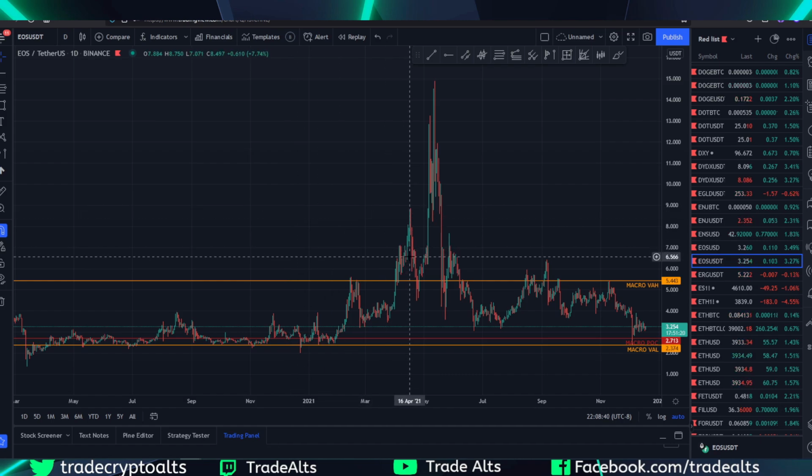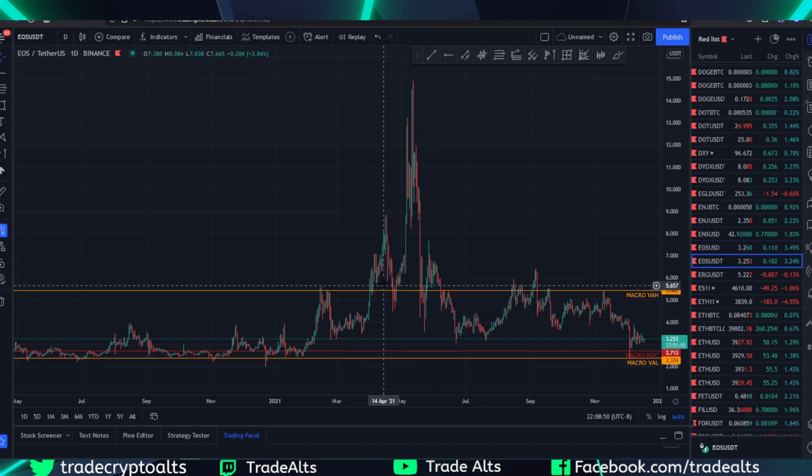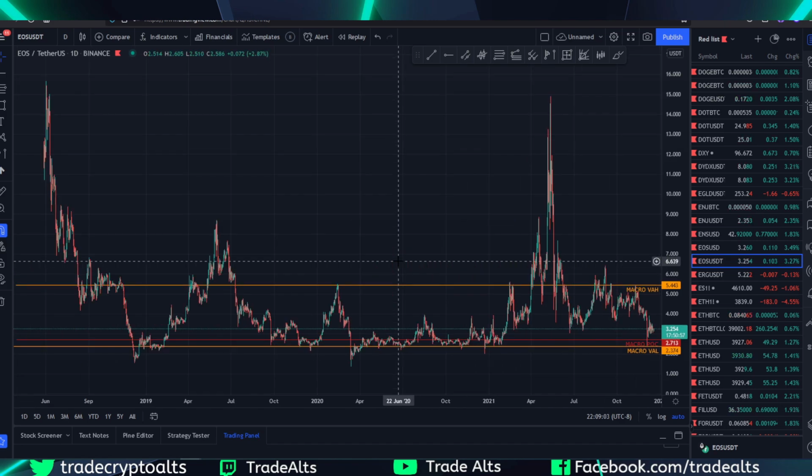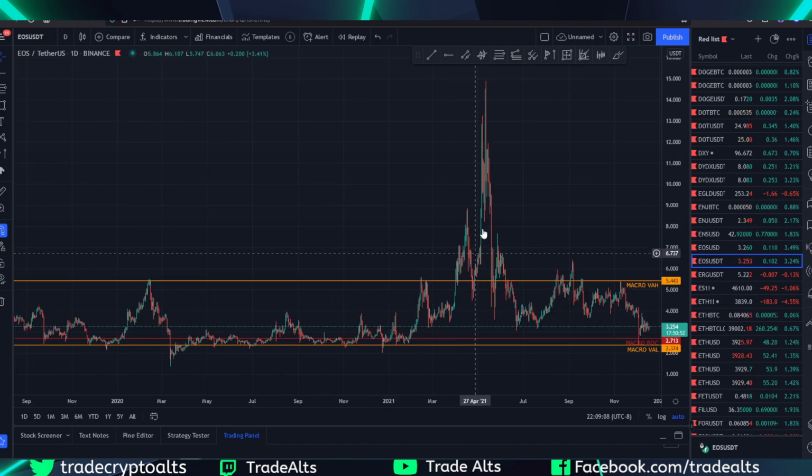Anytime that you have rotations into what I call dinosaur coins, okay? For those of you who've been around for a while, you've heard me say this before. Anytime you see a lot of money flowing into the dinosaur coins, the stuff that's been around since 2018 or before, that really has no use case, that just spends eternity going sideways that nobody cares about, once you see these coins pump this hard, it's usually a pretty decent signal that we're near a major top.